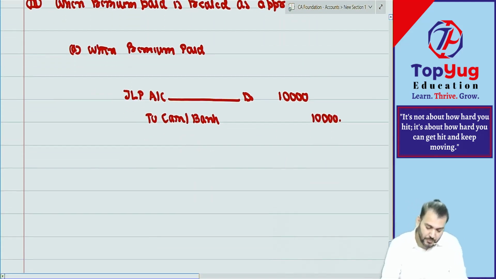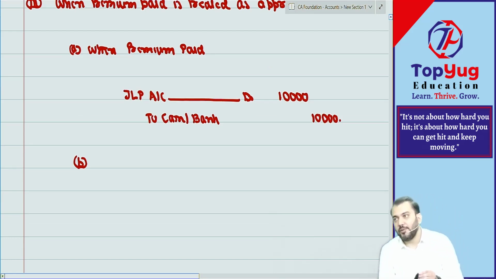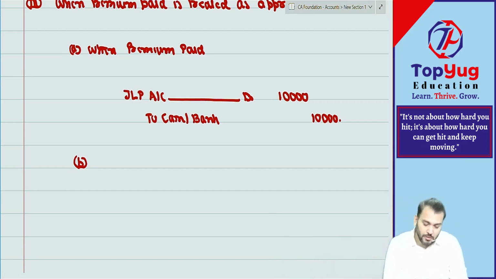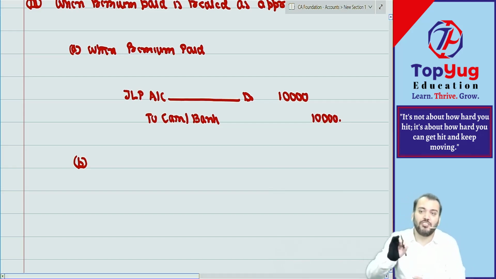Correct. Have you understood this point? Any doubt? Now, because it is an item of appropriation, we'll create a JLP reserve through the PL appropriation account. Why?